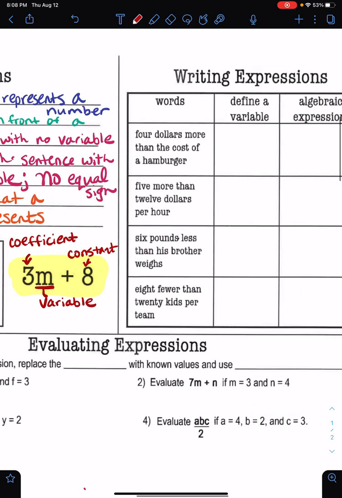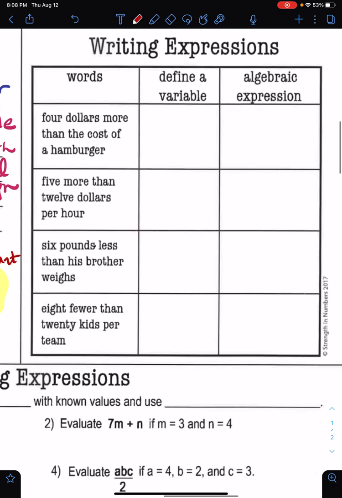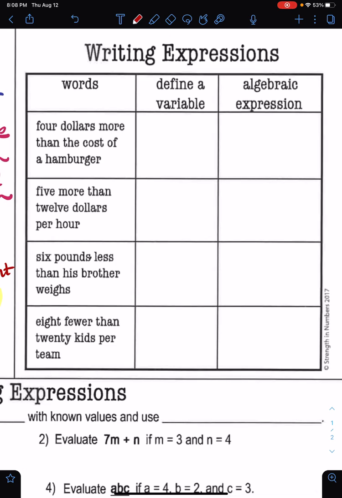So over here, we're going to take this chance to write some expressions. Let's say we wanted to write an expression for the phrase $4 more than the cost of a hamburger. So we want to define a variable. You could have the letter C equal the cost of a burger.